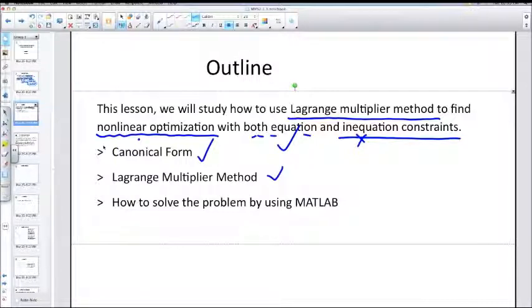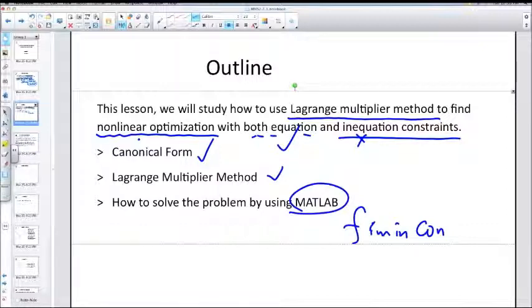The first is the graphic method, and the second is the analytic method with this Lagrange multiplier. And then we're going to bring you the third method. Use the MATLAB command called the fmincon function.